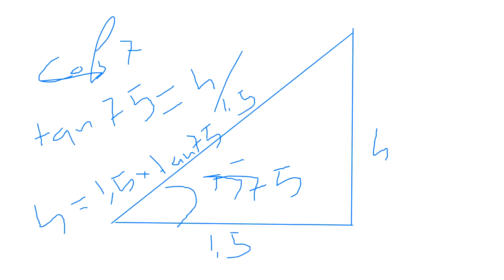Okay, so let's look at the last question, question 7. Then you can look at question 5 and question 6 yourself. Question 7 says that a man is standing on top of a cliff 150 meters high.